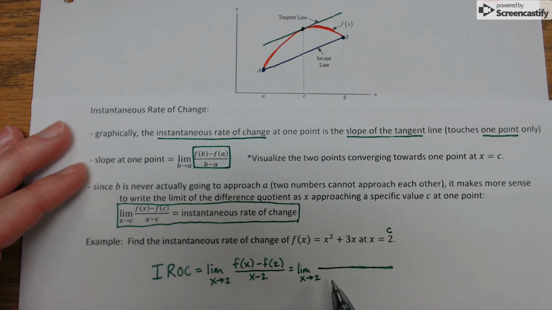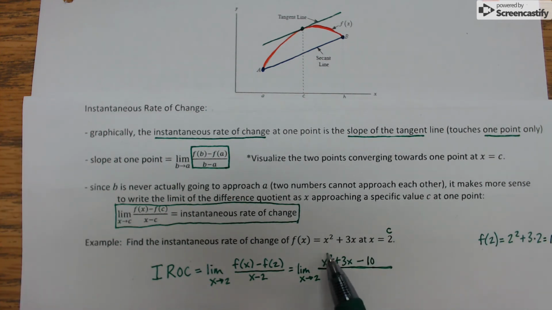And then moving forward, I've got to figure out what I need to write to represent f of x and f of 2. Well, luckily, f of x, we don't have to overthink that. That is just going to be our function, x squared plus 3x, written right here, followed by minus our function value at 2.